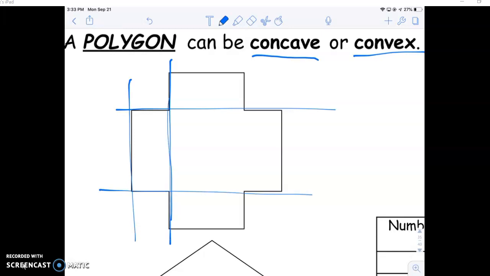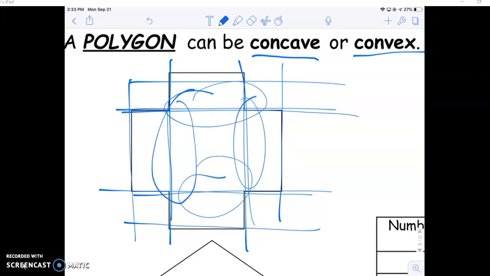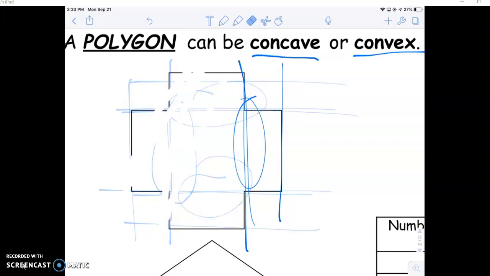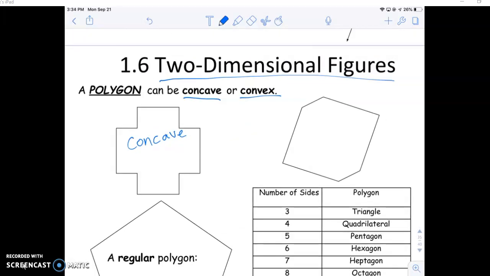If at any point while doing that, you get lines that go inside of the shape, like here, here, here, here, that determines it as concave. Alright, so this would be an example of concave. Think of it as the lines go inside of the shape, it's concave.